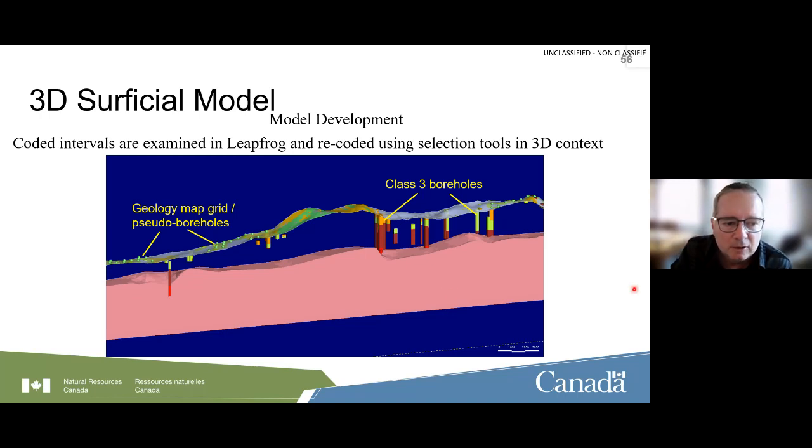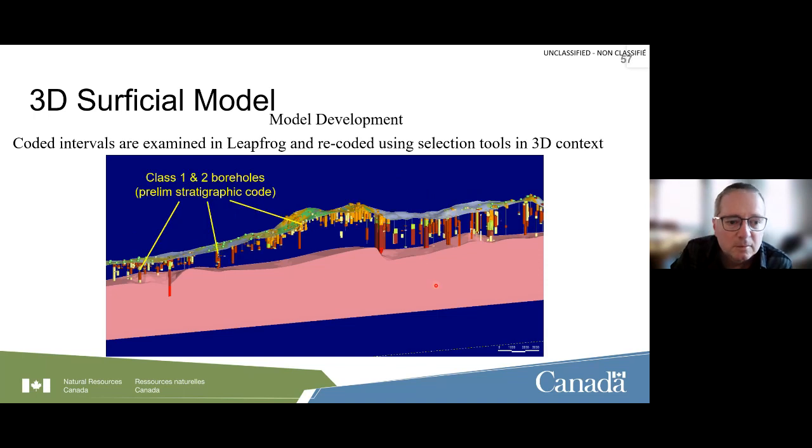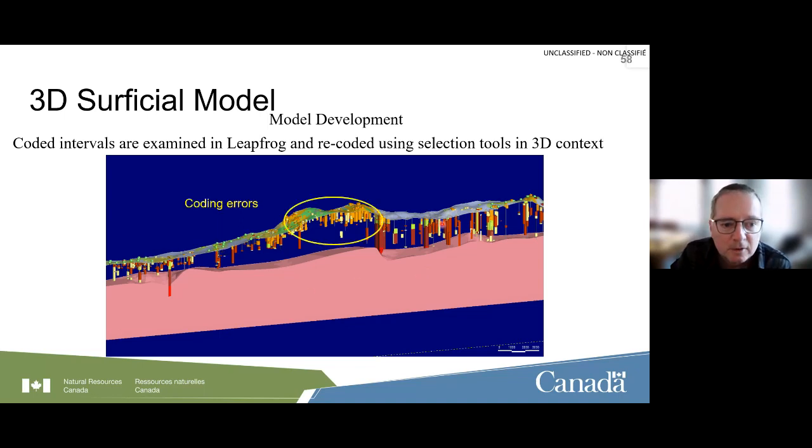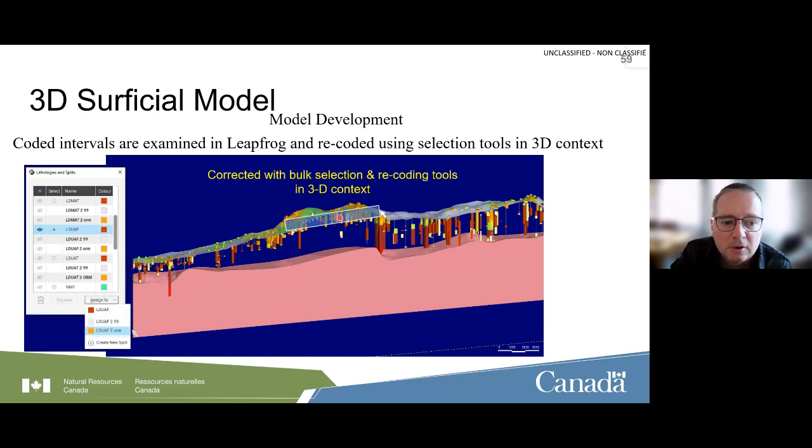After automated coding steps, the data is visualized in 3D context with the 2D map geology and class 3 data. The preliminary coded intervals are examined in a series of cross sections. Errors are identified visually, and bulk selection and recoding tools are used to correct populations of miscoded log intervals.